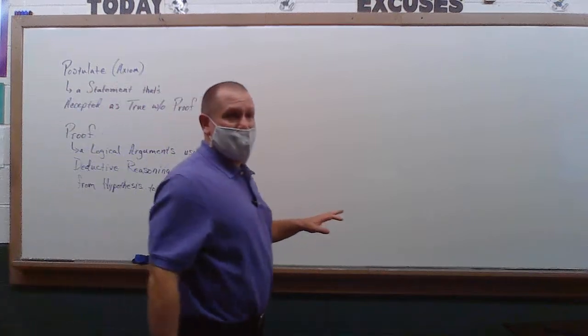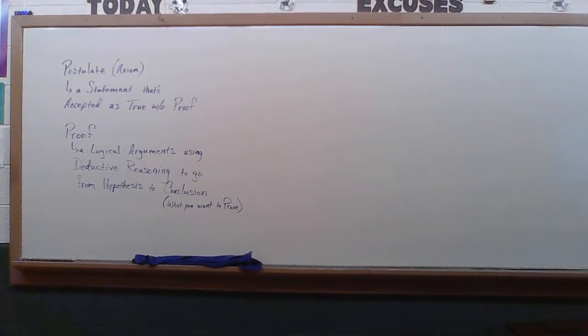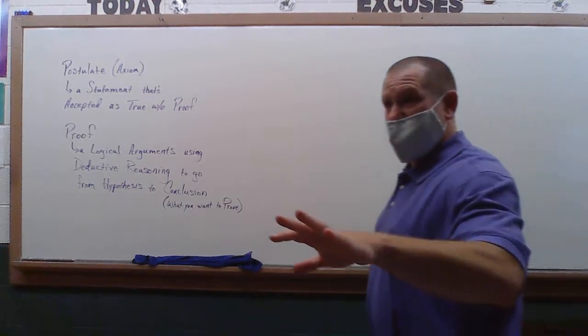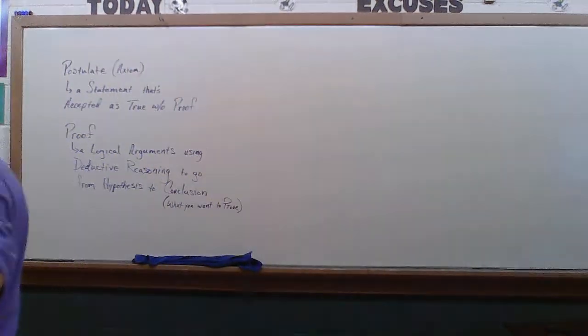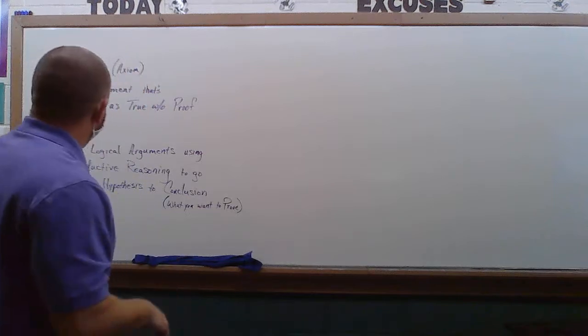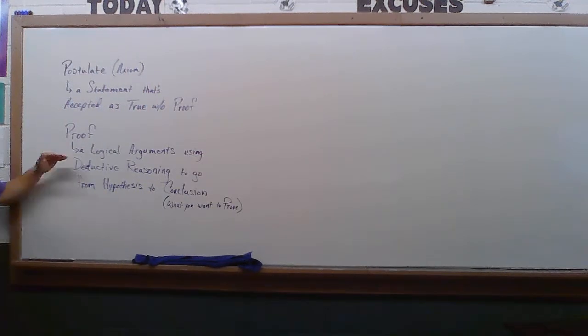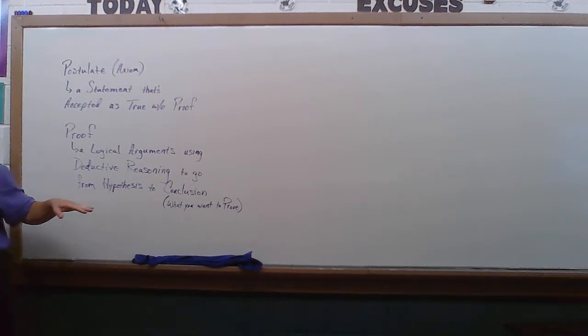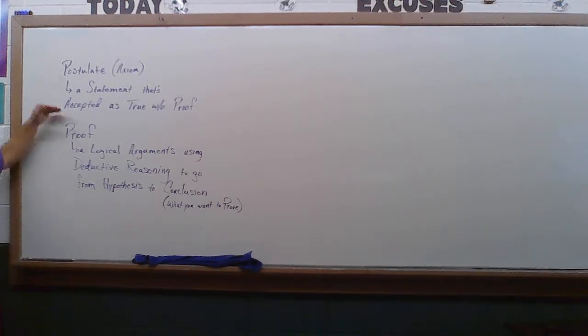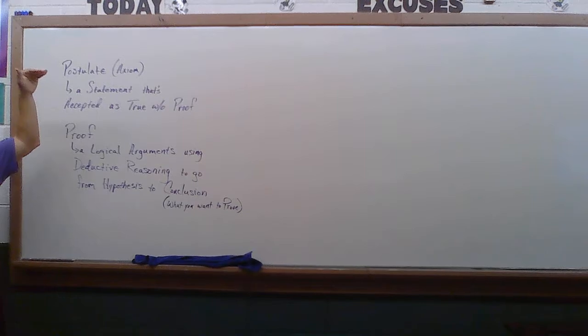But what you've got to realize is in any one of these proofs, in the book, on the quiz, on the test, we'll give you some of the answers. You just got to use what is given and then construct the rest of your proof. So one way that I could do this, going from my hypothesis to my conclusion, I want steps. I could use postulates to get from point A to point Z.